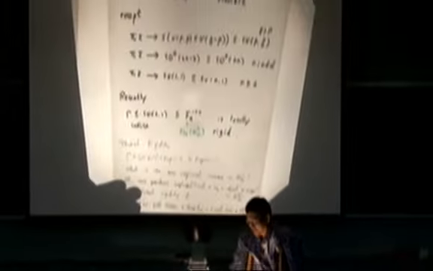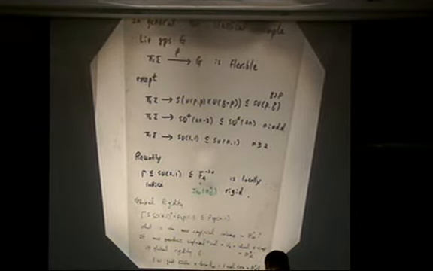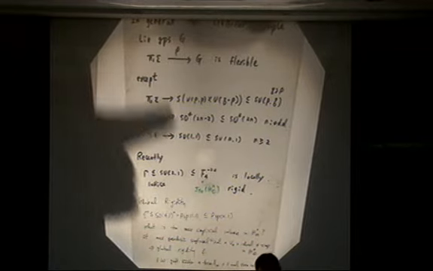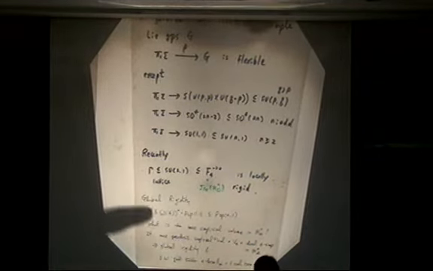Case by case, we can go down the list when the surface group is rigid or flexible. For classical simple Lie groups, we finished. So this is the only rigid case. Except this, everything is flexible.